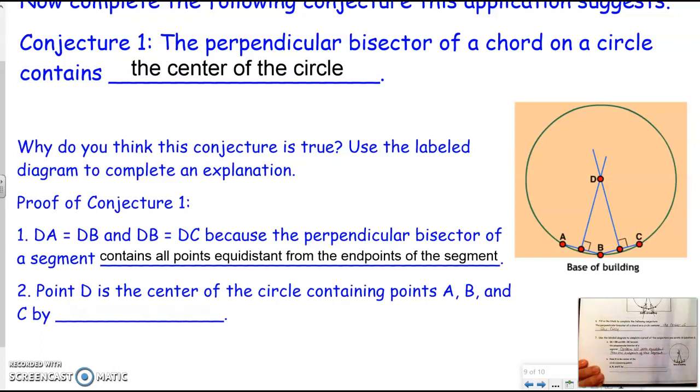And so point D is the center of our circle that contains A, B, and C by definition of a circle, because they're all the same distance from that one point.